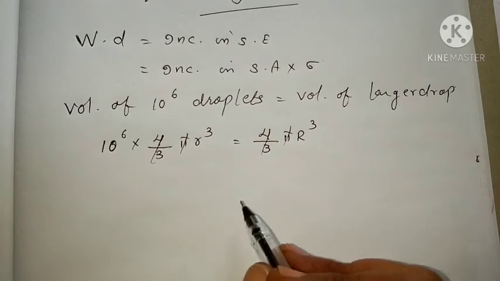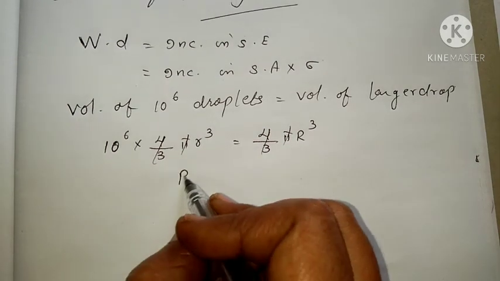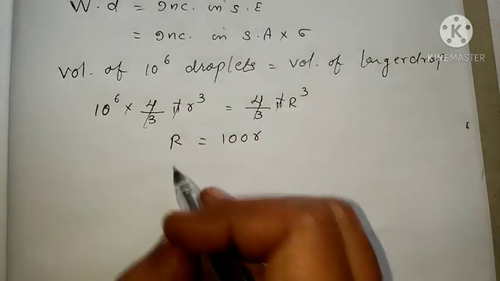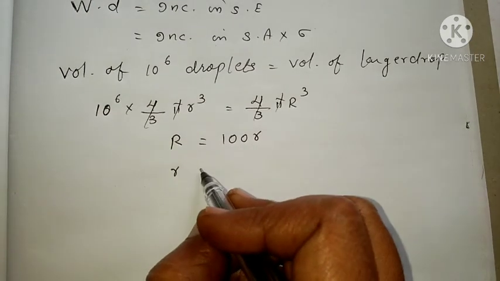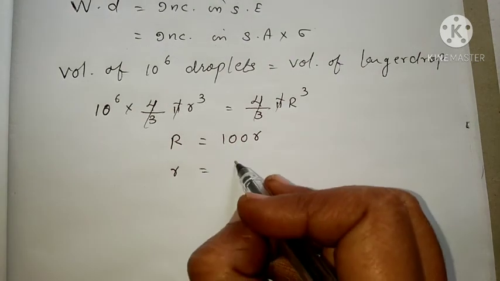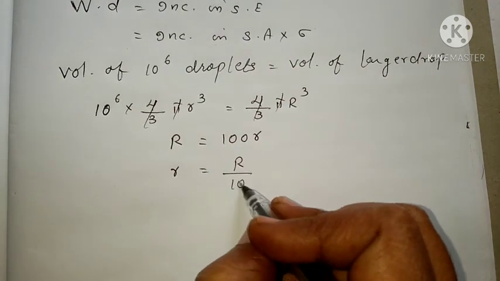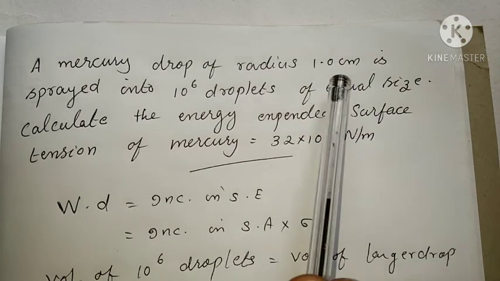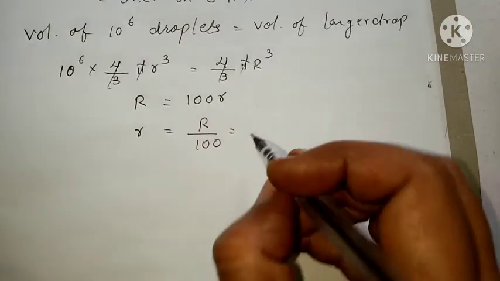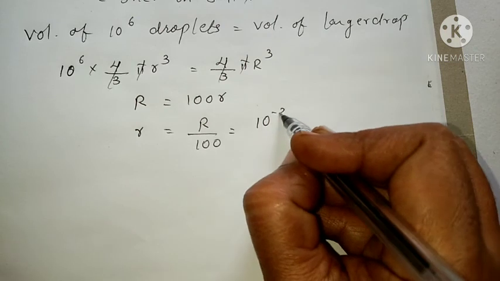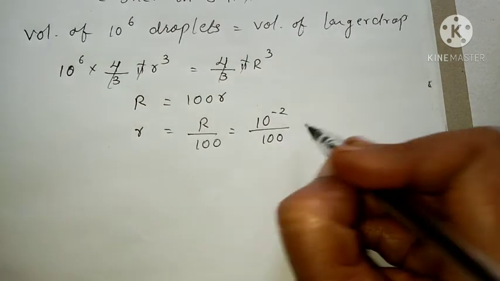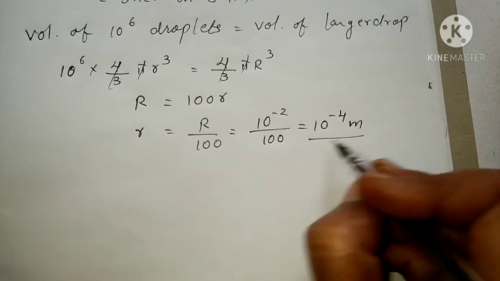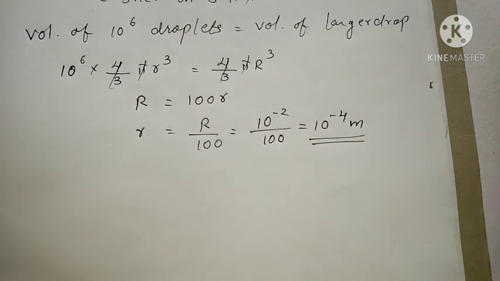Then when we take the cube root, we get R equal to 100 r. Then small r, that is the radius of the smaller droplet, small r equal to capital R by 100. Then capital R is given in the question, that is 1 centimeter. Then change it into meter, that is 10 raised to minus 2 divided by 100. That is equal to 10 raised to minus 4 meter. This is the radius of the smaller droplets.